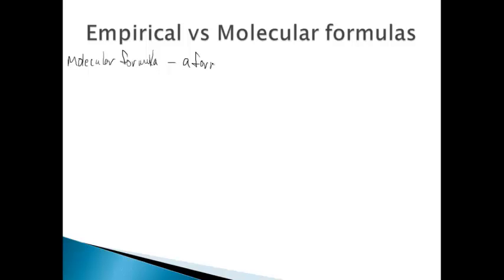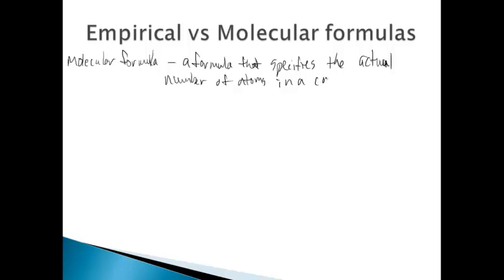A formula that specifies, which just means tells, the actual number of atoms in a compound. A formula that specifies, or tells, the actual number of atoms in a compound.